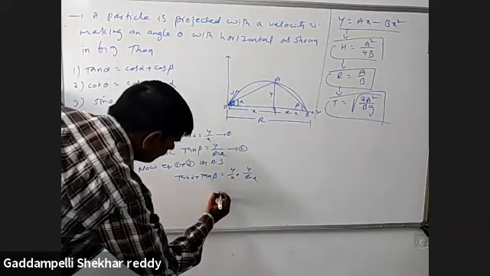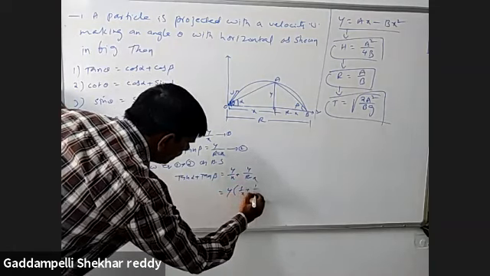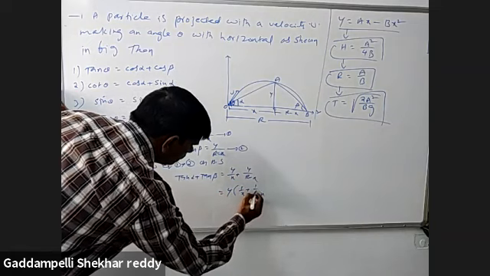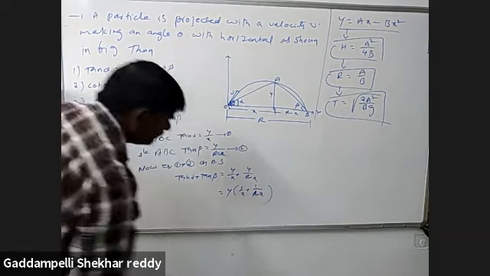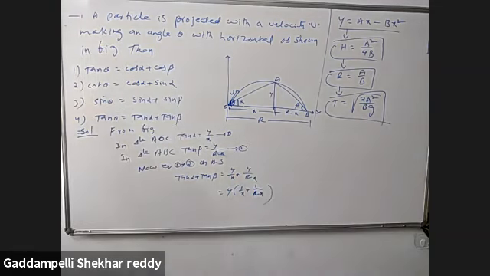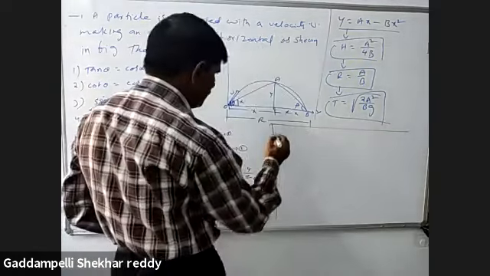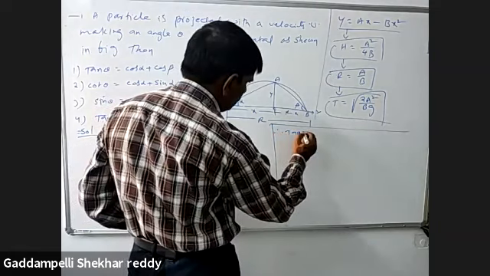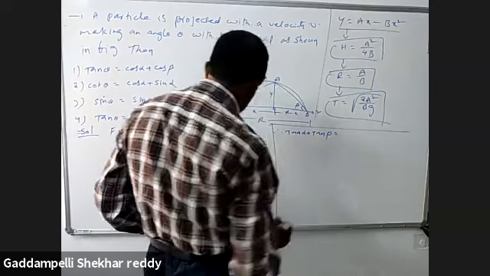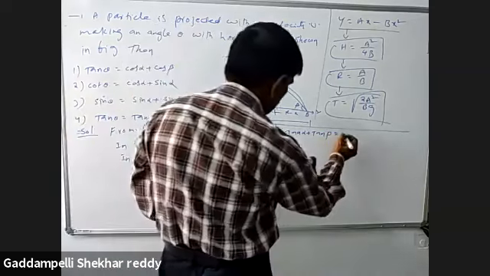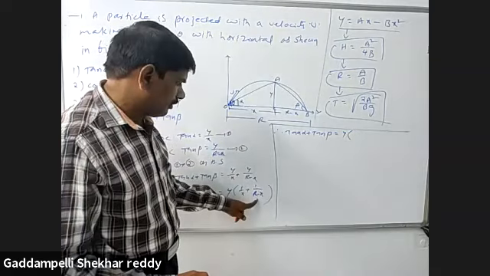Here what is common? y is common, 1 by x plus 1 by r minus x. Therefore, tan alpha plus tan beta is equal to y inside the bracket, LCM x of r minus x.